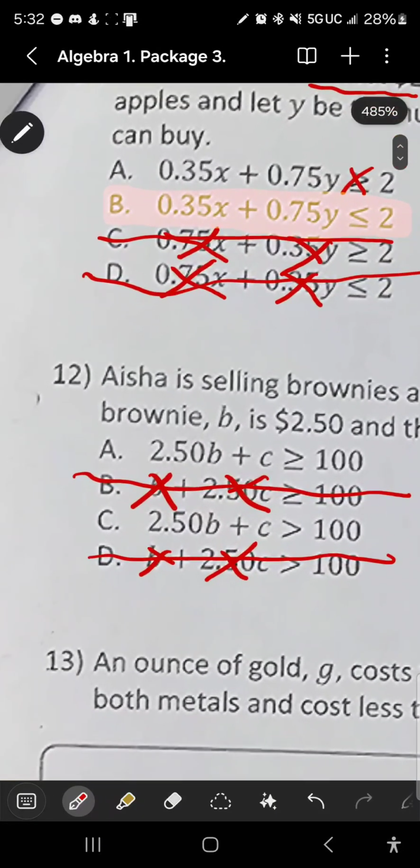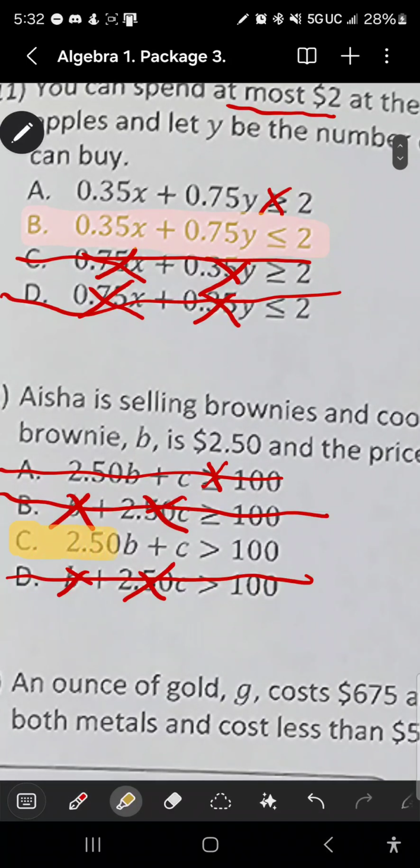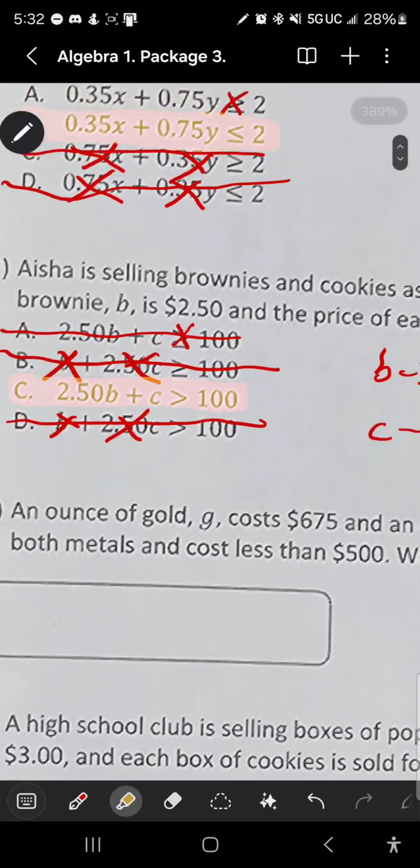So I think the answer should be C, not A, because you want the fundraiser to be greater than, to exceed, that $100. So it should be C. I hope you guys understood what I'm saying, so that the money collected could be more than 100 basically.